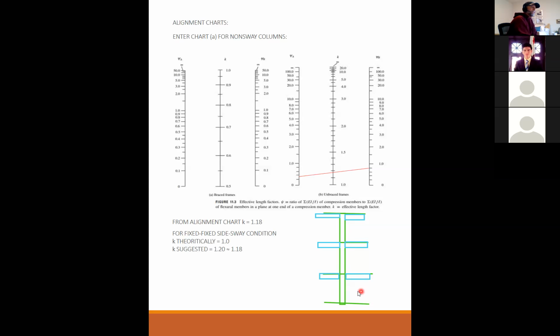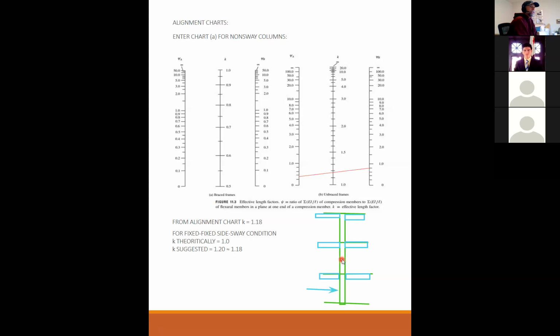So when designing the bottom column, let's use this. I think it goes like that. Okay, so when designing this column, this is psi A and this is psi B. This is psi A and this is psi B for this stick of column.